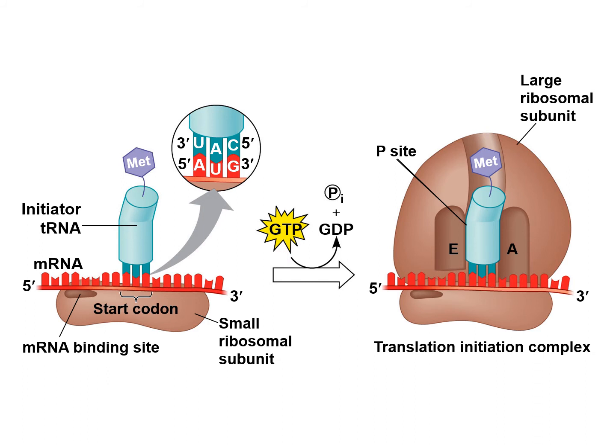Nevertheless, in order to get that large subunit to bind, we have to hydrolyze a molecule of GTP. And when we do that, we get the binding, and now we have the whole initiation complex in place. Small subunit, mRNA, methionine tRNA, and the large subunit. And we're in the P site.